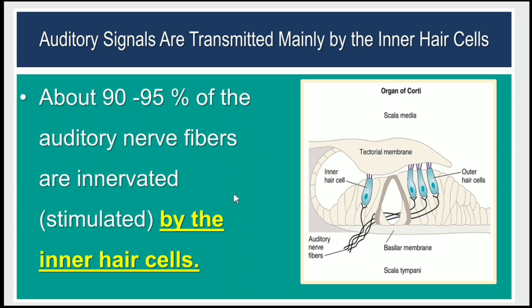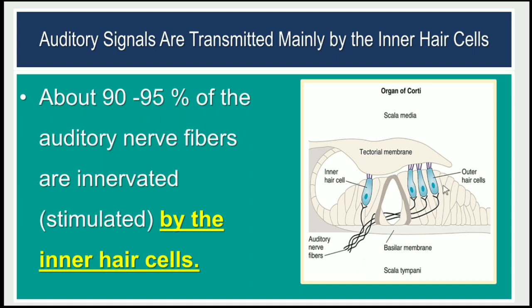Now the important part is that about 90 to 95% of auditory nerve fibers are innervated by inner hair cells only. So the majority, almost 90 to 95%, are innervated by only inner hair cells. But it doesn't mean that outer hair cells have no role.